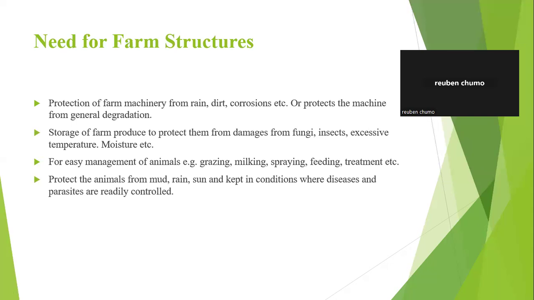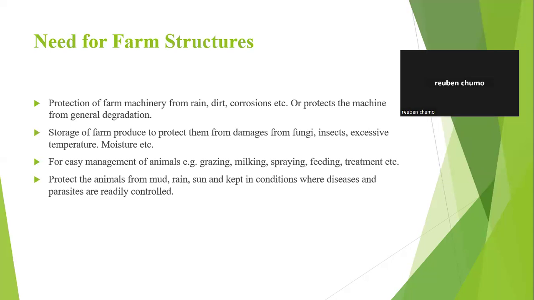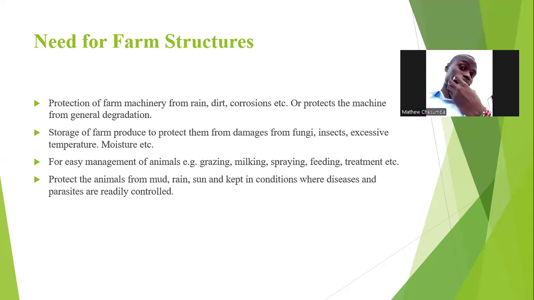For protection of farm machinery from rain, dust, corrosion, etc. Yes, we protect our farm machinery from rain, dirt, and corrosion, for the machine to last for a longer period. We have to build structures so that we protect our farm machinery from rain and dirt.